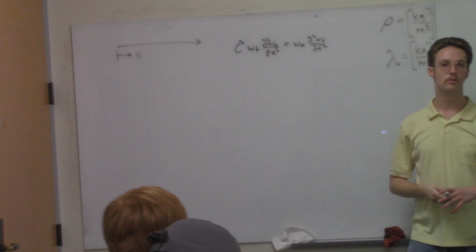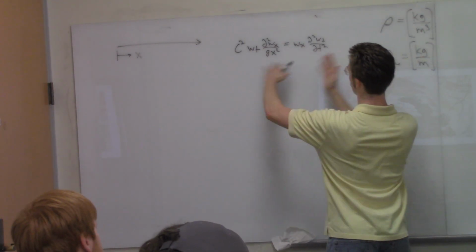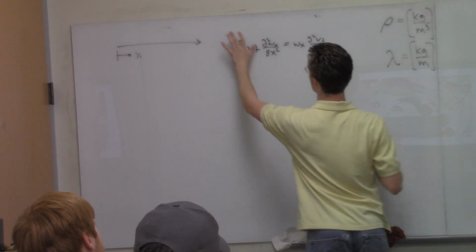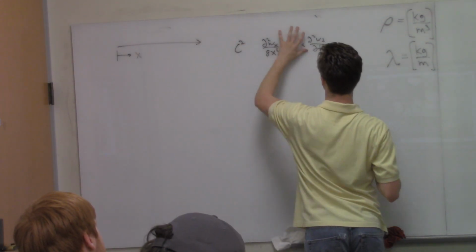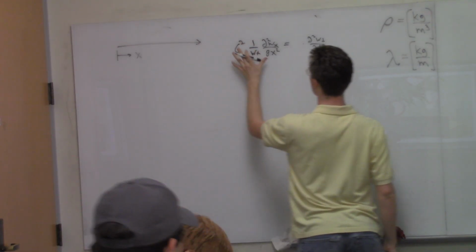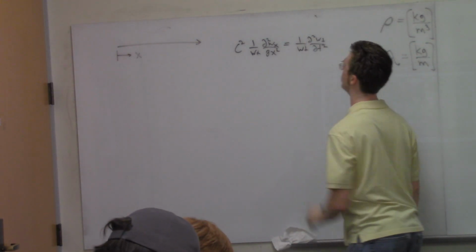So now what we want to do is separate the variables. We're going to divide everything by Wx and everything by Wt, so that essentially we're going to have all of the x-dependent terms on this side and all of the time-dependent terms on this side.